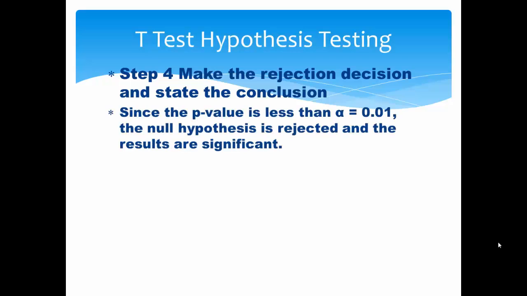Since the p-value, which is the probability of this sample occurring if the null hypothesis is true, is less than alpha, which we chose was 0.01, then the null hypothesis is rejected and the results are said to be significant.